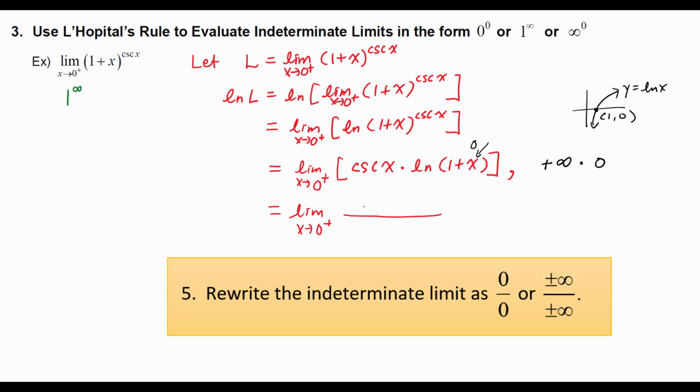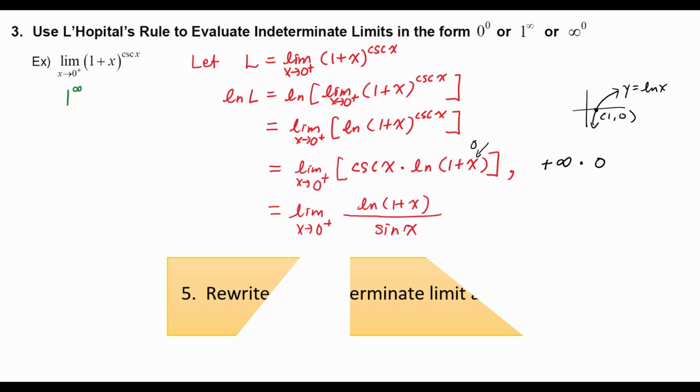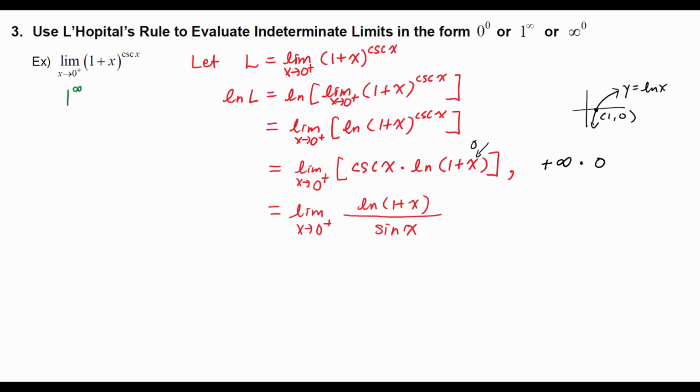I'm going to leave ln of 1 plus x on the numerator, and cosecant x, I'm going to make it 1 over sine x. So I have a sine x now in the denominator. So when you plug 0 there, ln of 1 is 0 now, and sine of 0 is 0. So I do have a 0 over 0, which is perfectly good to use L'Hopital's rule.